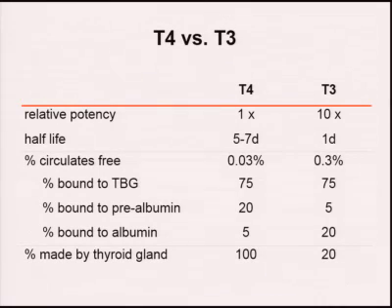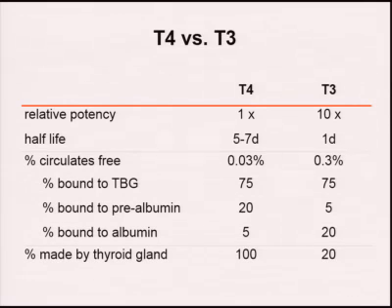So let's compare T4 versus T3. T3 has about 10 times the potency of T4 as far as stimulating the thyroid receptor. T3 has a much shorter half-life, which is an important consideration for the small number of patients who take T3.